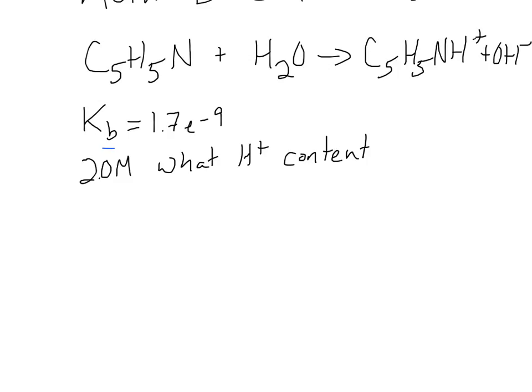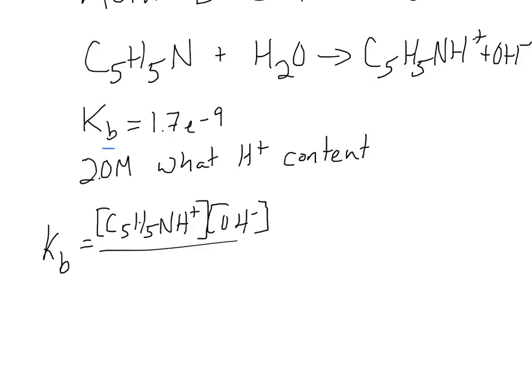And so what you can do there is set up your equilibrium expression. Your equilibrium expression is going to be Kb is equal to the concentration of C5H5NH positive times the concentration of OH negative over the concentration of the weak base to begin with, C5H5N.